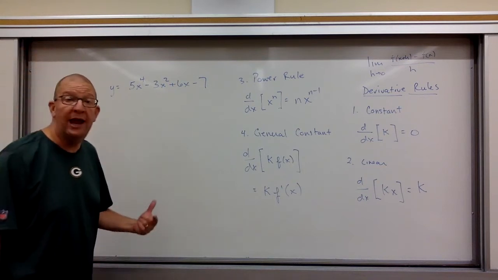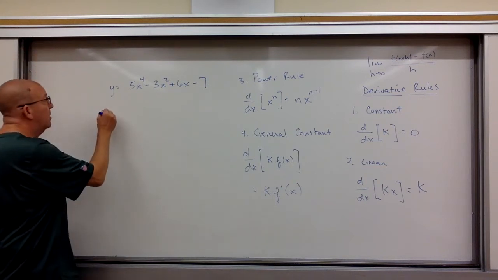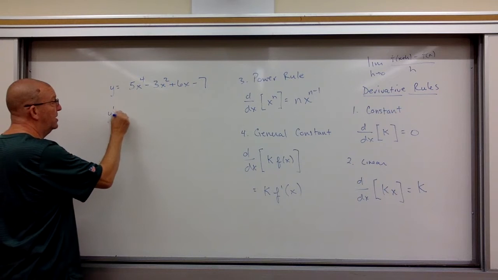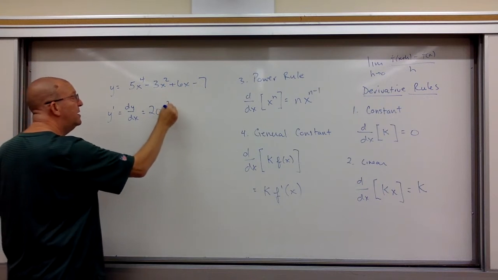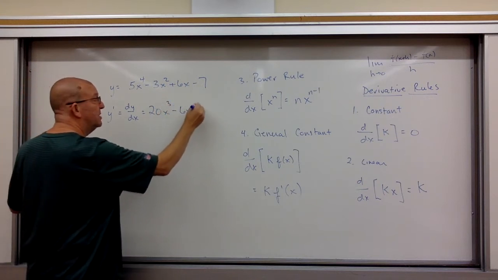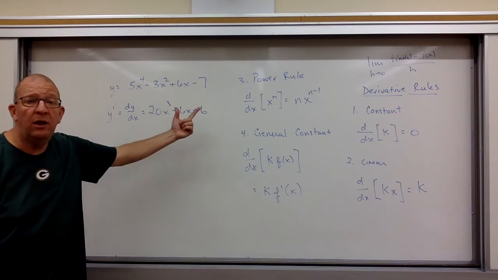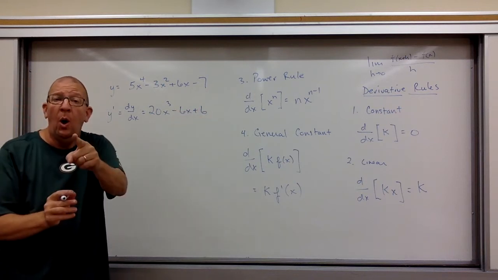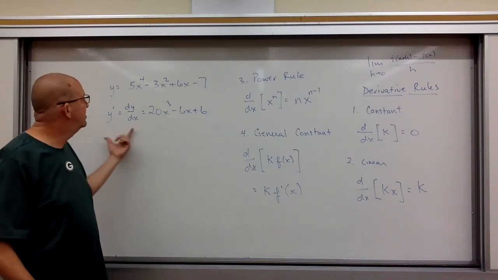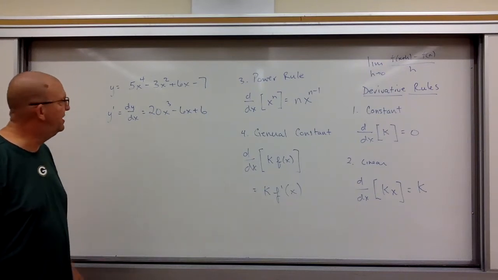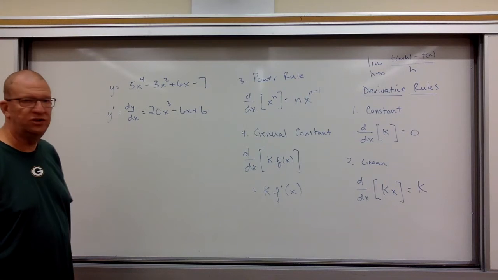Well, we sure can. That would be y prime, and remember, we can express y prime as dy dx: 20x cubed minus 6x plus 6. What about the 7? Oh, the derivative of -7, that's 0. So now we can take these derivatives of a nice polynomial function.